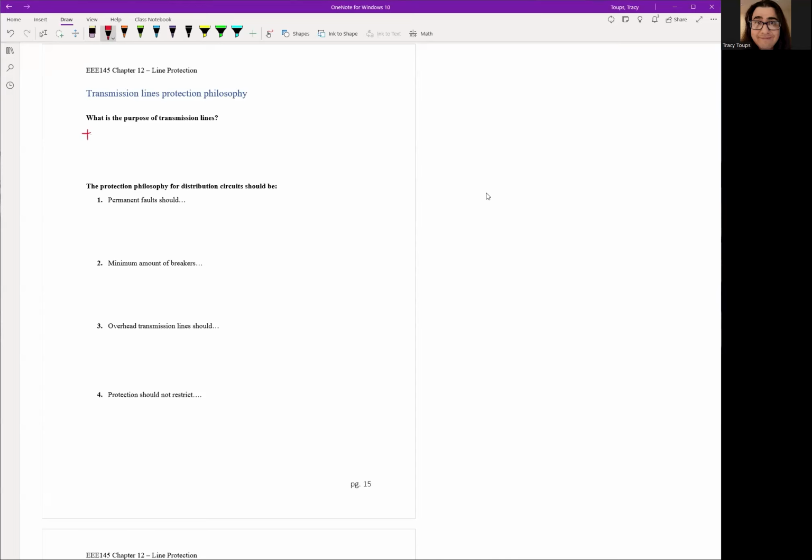To transfer energy from the generation side to the distribution grid. Right, so it's kind of a medium in between the two.